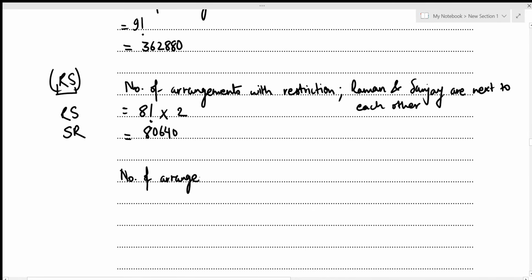All right, now we will figure out the number of arrangements with the restriction that Raman and Sanjay are not next to each other.